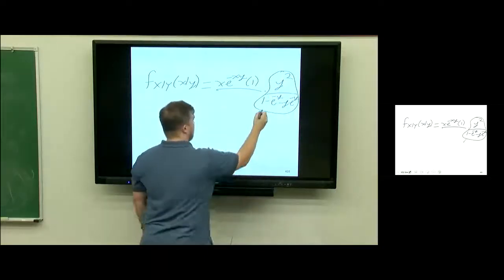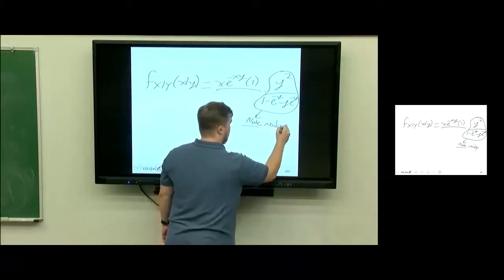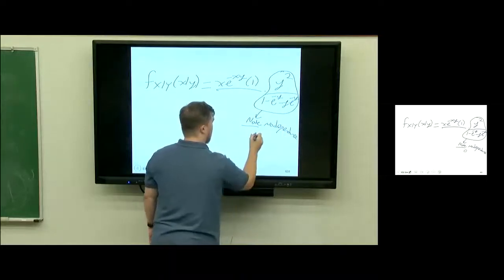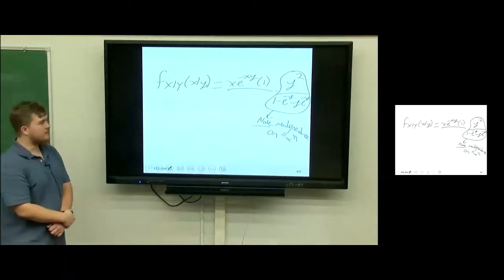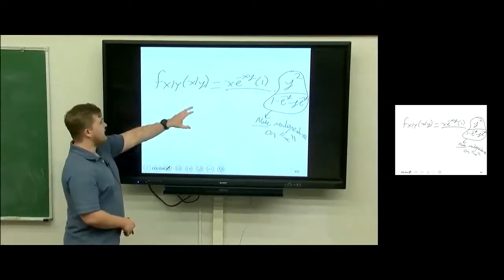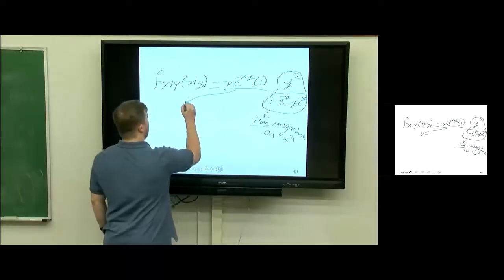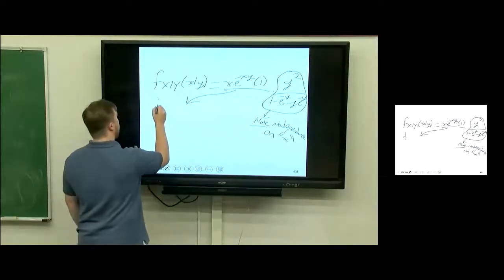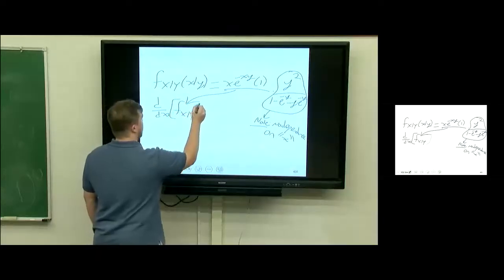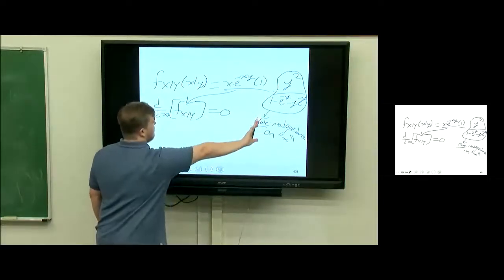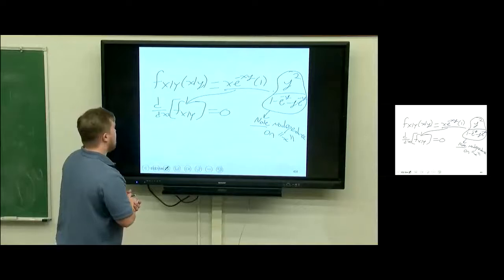But note that this whole part has no dependence on x. And we want to find the x that maximizes the a posteriori density. So we need to take the derivative with respect to x and set it equal to 0. But all that stuff, the denominator we just found, doesn't matter for this problem.